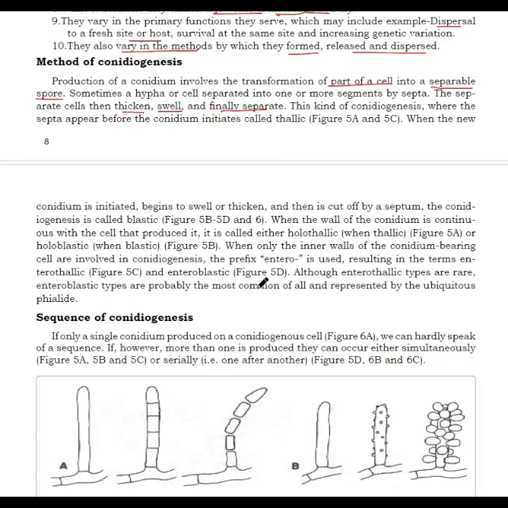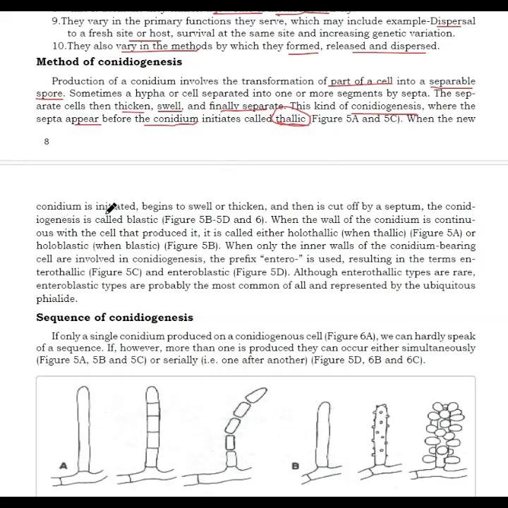This kind of conidiogenesis, where the septa appear before the conidium initiation occurs, is called thallic.